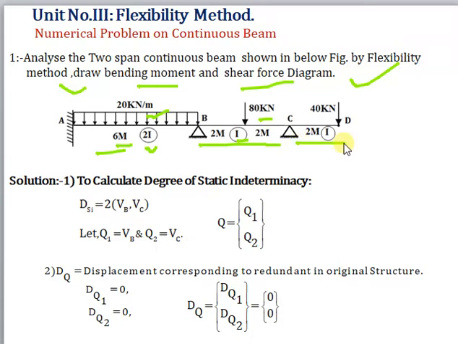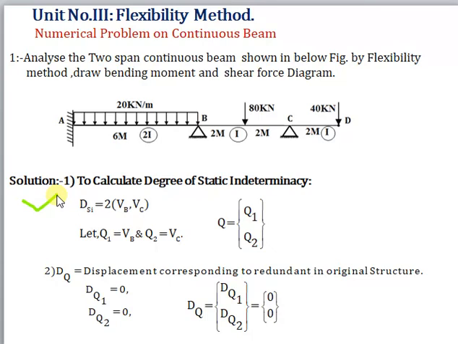CD is a cantilever portion loaded with 40 kN point load at free end D. CD is equal to 2 meter and moment of inertia is I. At A there is a fixed support, and at B and C there are hinge supports.